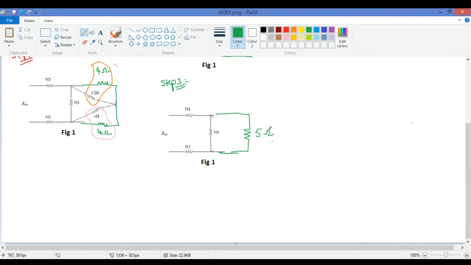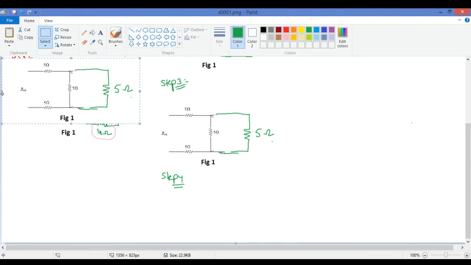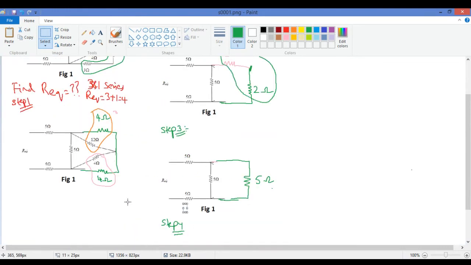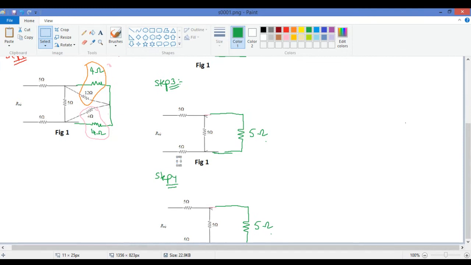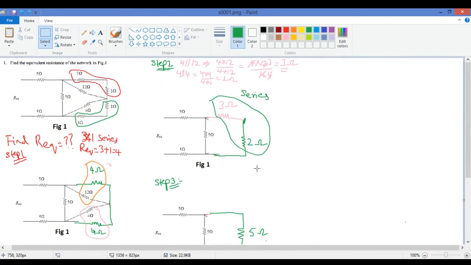This is 5 ohms. Okay, and step 4, yeah, step 4, just I will copy this first. Here I will write again step 4.